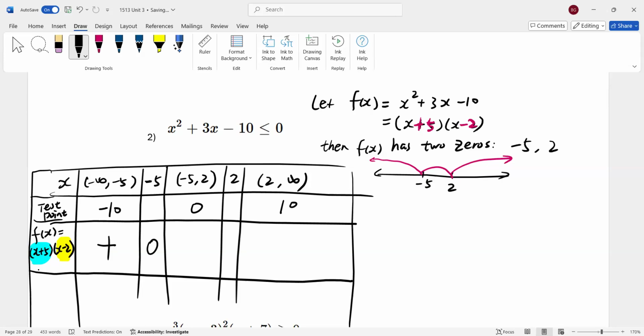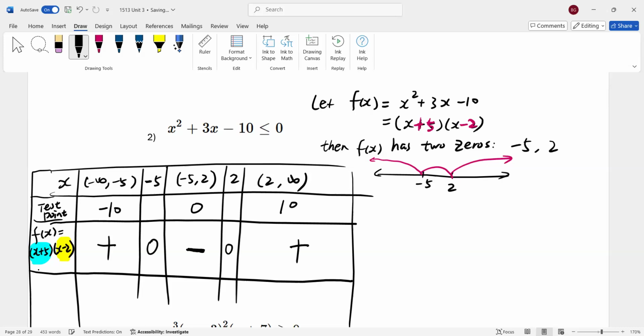Let's plug in 0. 0 would make the blue positive, would make the yellow negative. So positive times negative is negative, and then the 2 is 0. And the third representative, the testing point is 10. We plug in. Positive 10 would make the blue positive, yellow positive as well, so positive, okay?